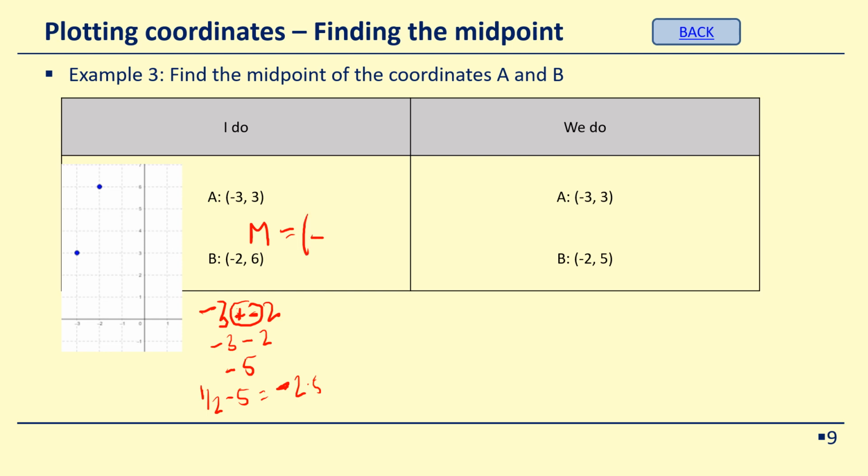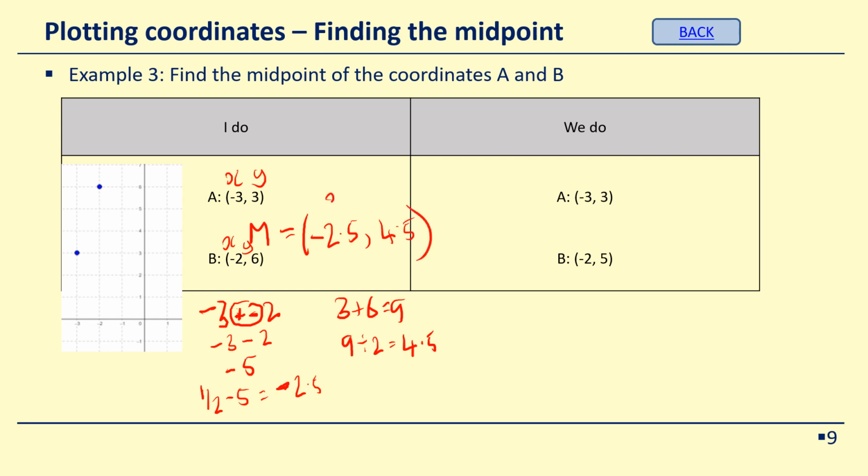So minus 2.5. Now we'll do the y. So that's x, that's y, that's x, and that's y. 3 add 6 is 9. 9 divided by 2 is 4.5.